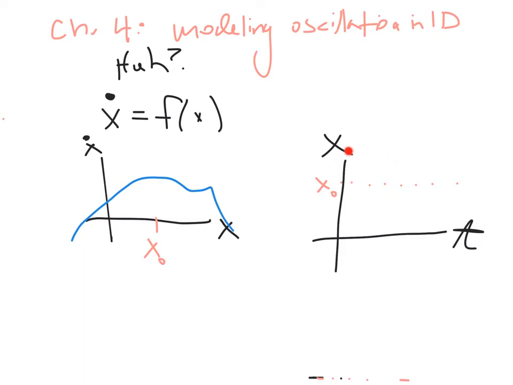If I think about possible solutions, so solutions are functions x of t that tell us how our state depends on time, well, every single time I pass through x naught on any particular solution curve, I always have that same velocity that we were given by this definition over here.